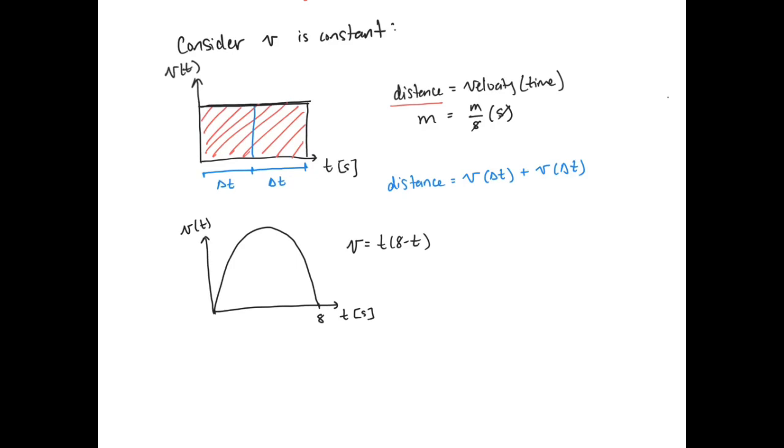Now if we want to find the distance traveled, it's still the area under this curve. But the problem is that we can't just multiply two values because we don't have rectangles anymore. So what do we do? Well, I'll take away these marks here. We actually approximate the area using rectangles.